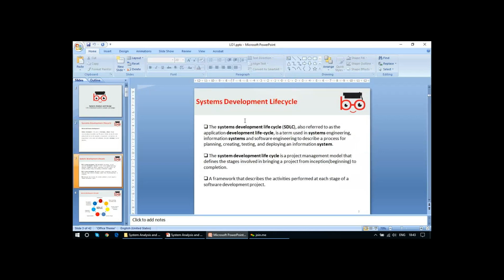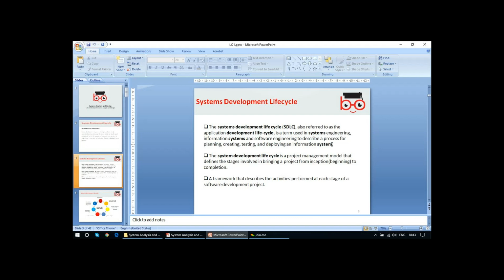Now this software development should come through the kind of system development life cycle. So every process has a life cycle. Do you agree? It is also referred to as the application development lifecycle, a term used in system engineering, information systems, and software engineering to describe a process for planning, creating, testing, and deploying an information system.